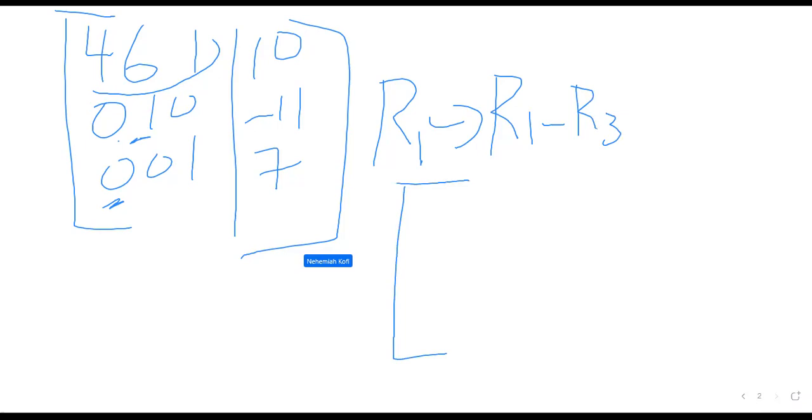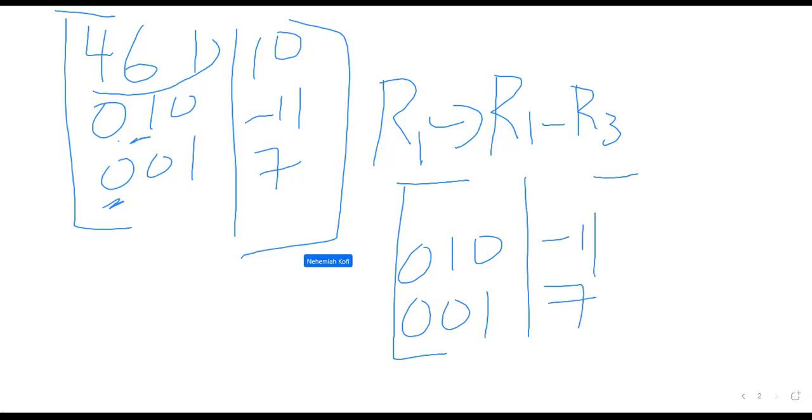Now I'm dealing with row 1, so let me write the rest of the rows down. And then 0, 0, 1. And then negative 11. And then 7. All right. So 4 minus 0 is 4. 6 minus 0 is still 6. And then 1 minus 1 is 0. So I've been able to change the last one to 0 here.